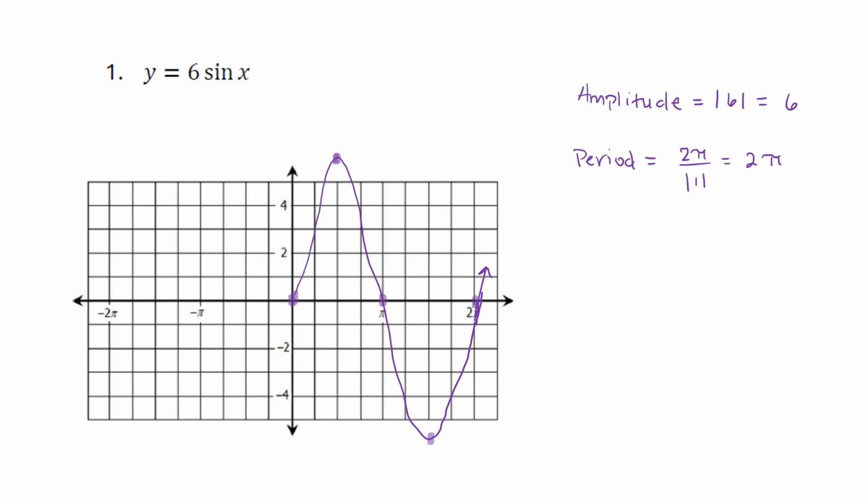So I can extend this to the left-hand side, continuing the same pattern. So negative pi over 2 would be negative 6. Negative pi would be 0. Negative 3 pi over 2 would be 6. And negative 2 pi would be 0. And then we can connect the dots.